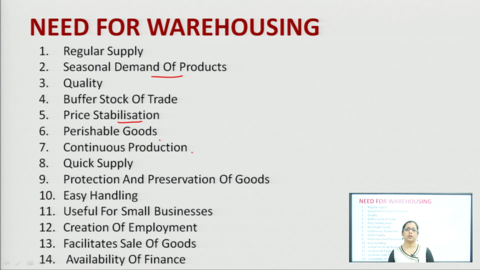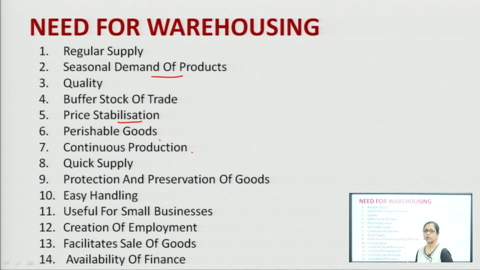If a company is continuously producing in order to leverage the benefits of economies of scale and to optimize the utilization of the machinery, then obviously they will be required to store that production somewhere, and that also needs to be done very safely. So that is continuous production.